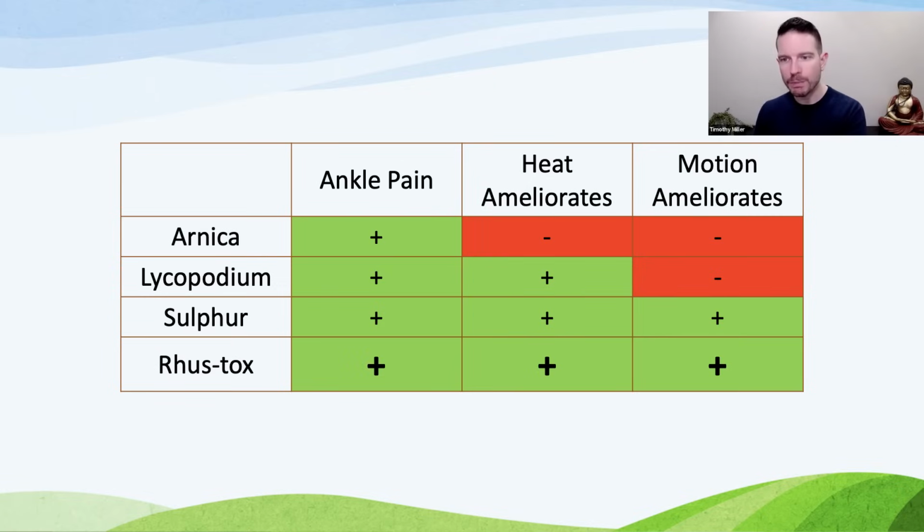That also matches with motion ameliorates. So when we look at all of the symptoms, the total of symptoms, that helps us identify that Rhus tox is the best choice. It's not the single symptom, it's the totality. All of the symptoms combined give us the best choice or better choice of Rhus tox, okay? So I wanna layer that in.